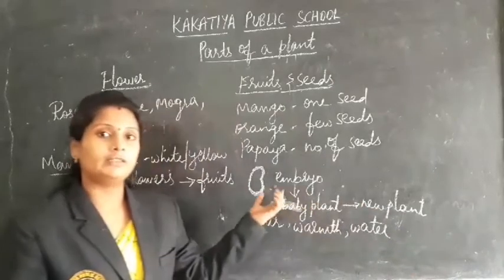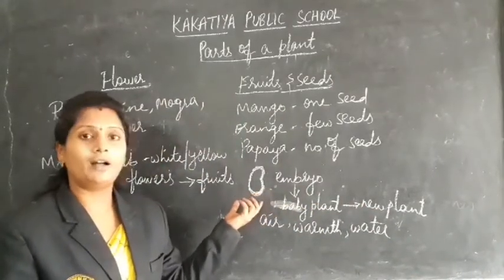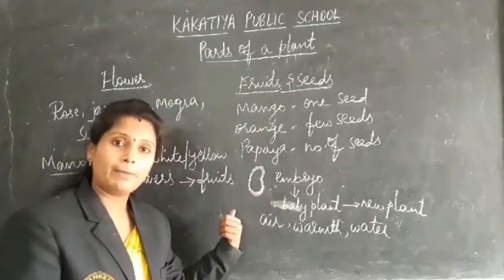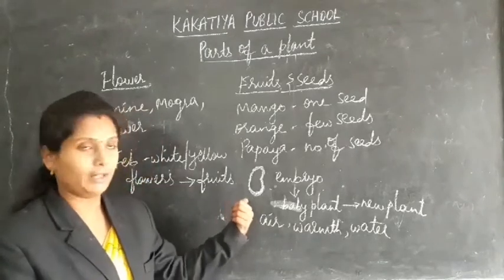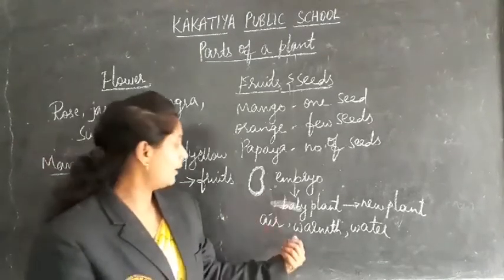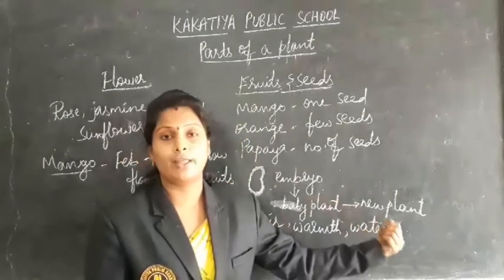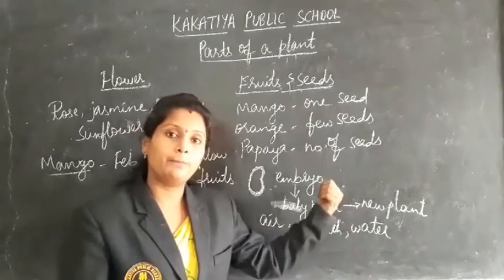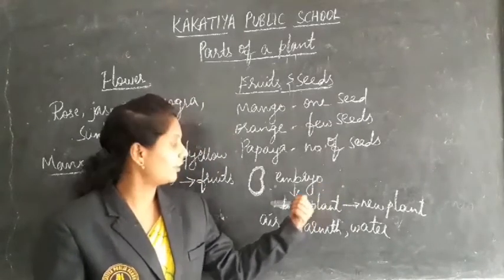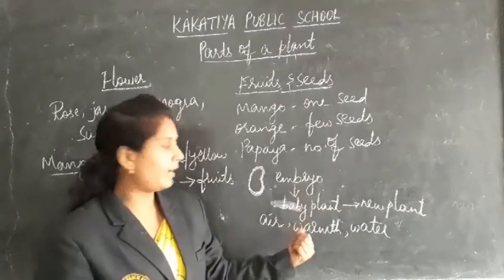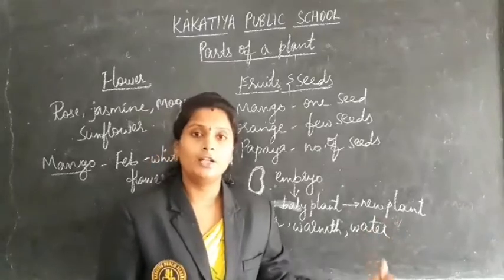The baby plant gets food from the seed, and under these favorable conditions, the baby plant grows into a new plant. The growing plant inside the seed we call an embryo or a baby plant.